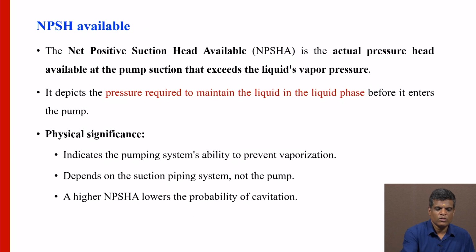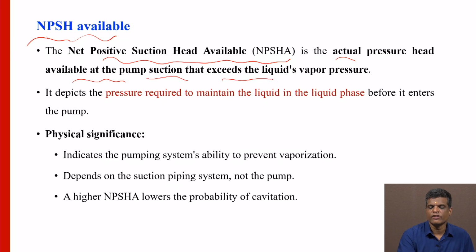So what is net positive suction head available? We have to see the difference. The net positive suction head available is the actual pressure head available at the pump suction point that exceeds the liquid vapor pressure. It is always a relation between the pump suction and the liquid vapor pressure.